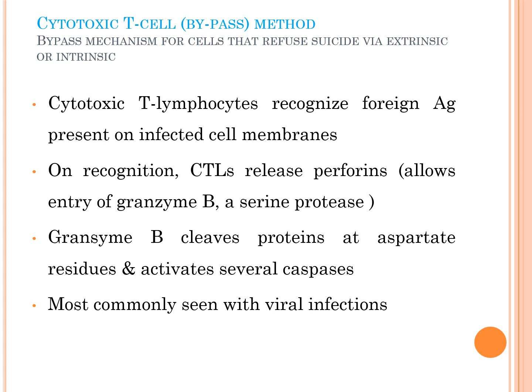These perforins are channels which perforate the cell membrane, so the entry of the enzyme granzyme B, a serine protease, will be allowed. This granzyme B cleaves proteins at aspartate residues and activates several caspases. So remember, this cytotoxic T cell method is most commonly seen with viral infections.